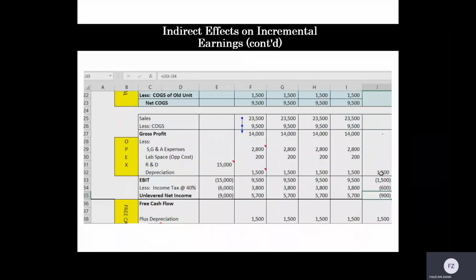We only have to take into consideration the depreciation impact. Here is basically a tax credit, so the unlevered net income loss is only 900,000 rather than $1.5 million. For year 0, it's the same. The unlevered net income is 9 million.